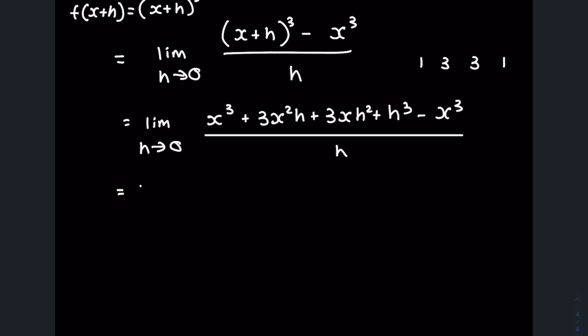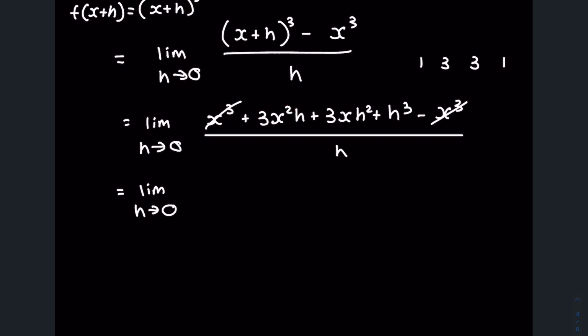So again, we write another line where we say limit h tends to 0, and we can see our x cubeds cancel, since x cubed minus x cubed cancel, and everything else again is divisible by h. So at this step, we divide every single one by h.